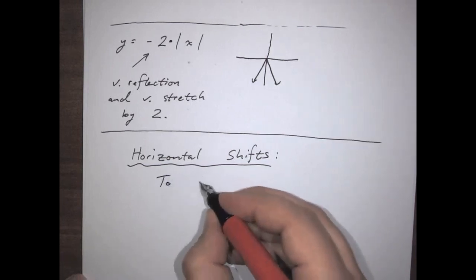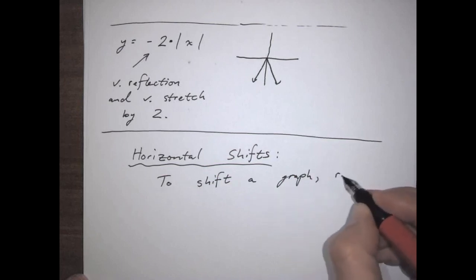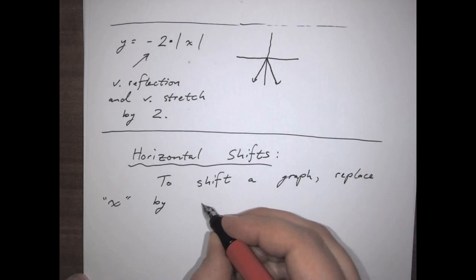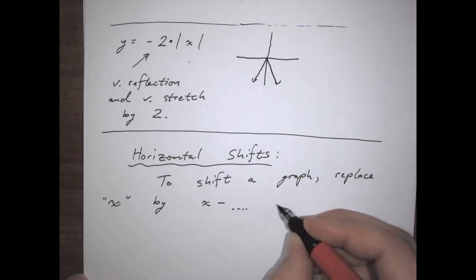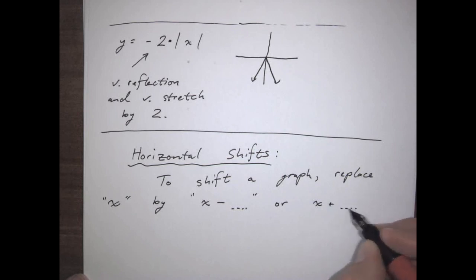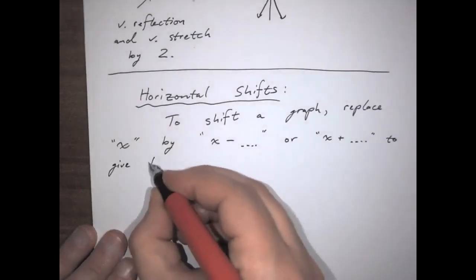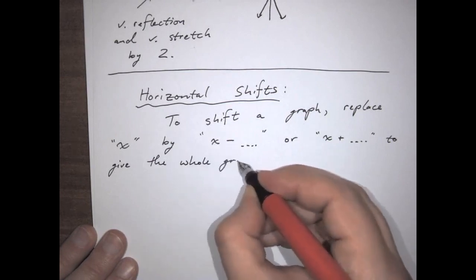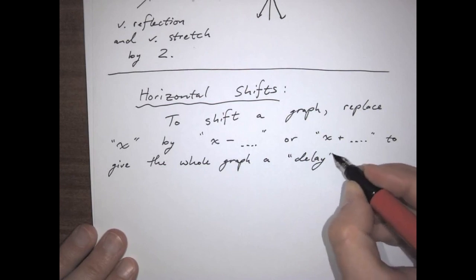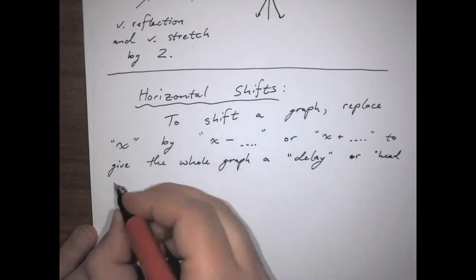So to shift a graph, replace x by x minus something or x plus something to give the whole graph a delay or head start.